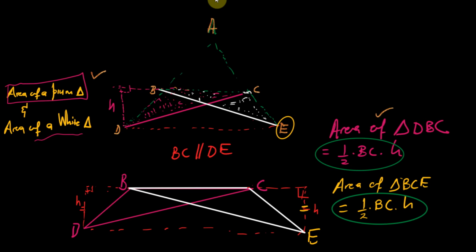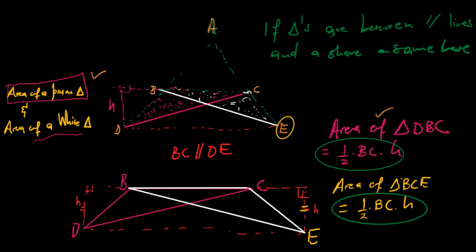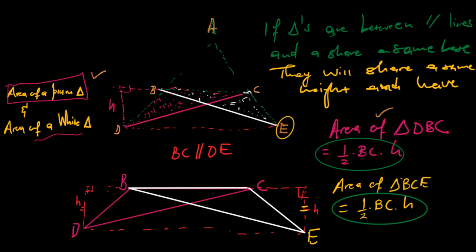So if the areas are equal for triangles between parallel lines which share the same base, we can say that if triangles are between parallel lines and share the same base, they will share the same height and be perpendicular. So they will share the same height and have equal areas.